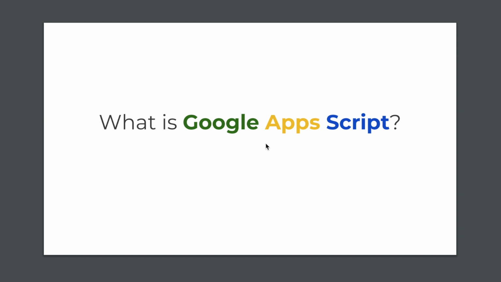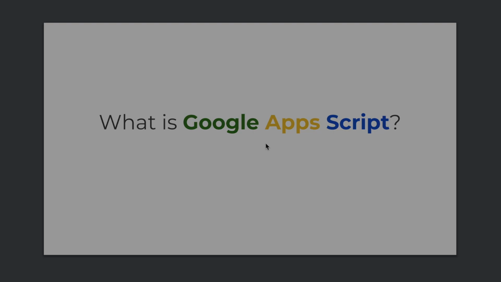It is also a powerful tool and user-friendly, and you can actually do a lot of cool things with it. For this tutorial though, we will be focusing more on using AppScript in a Google spreadsheet.